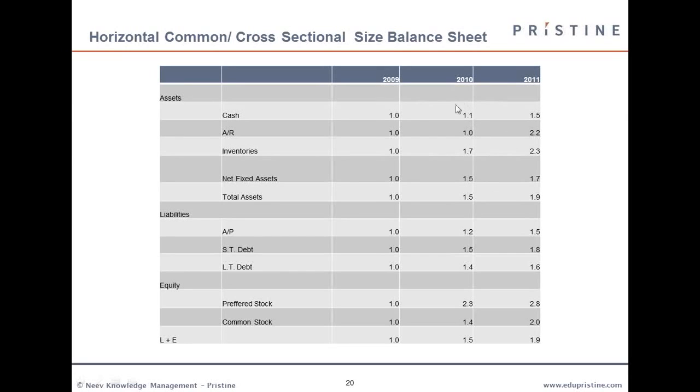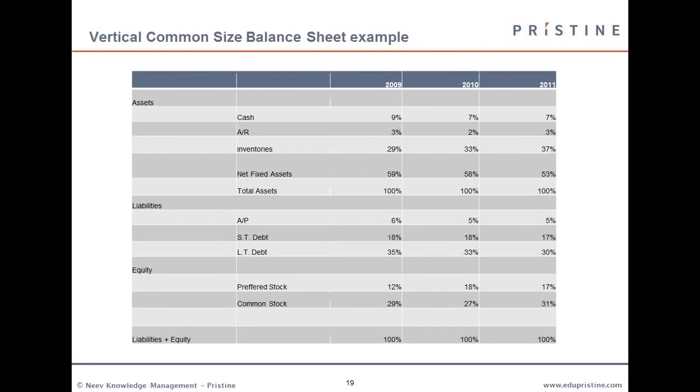So here, say in 2010, the cash has become 1.1 times, the accounts receivable has remained the same, the inventories have become 1.7 times. So that's essentially the insights that you get from this horizontal common size balance sheet.